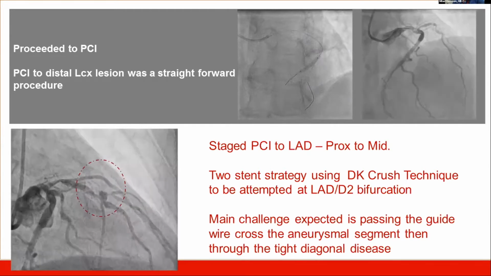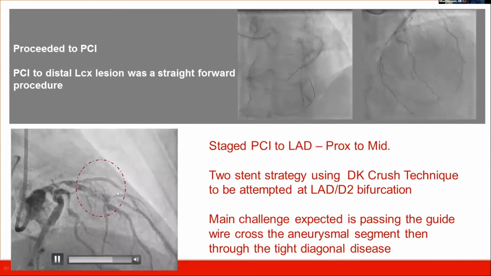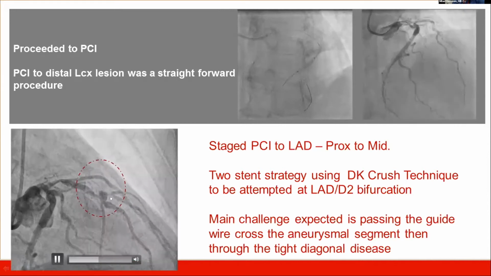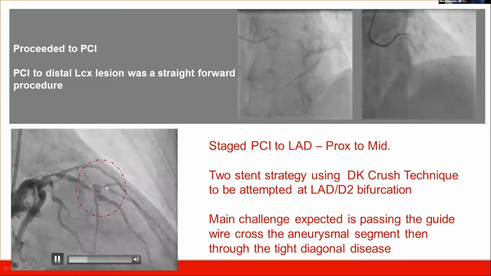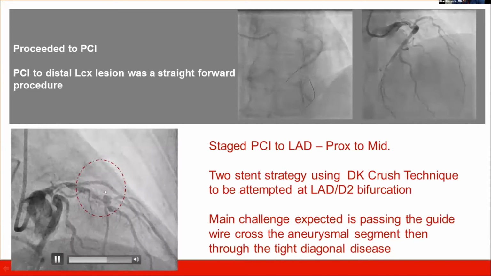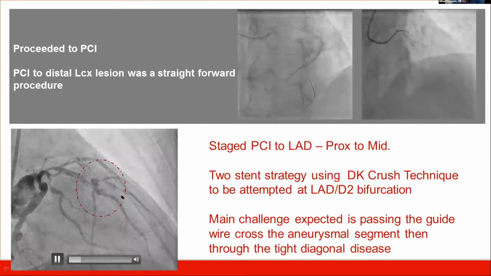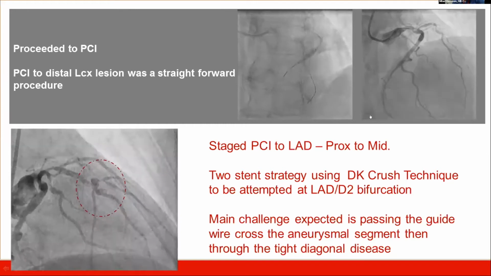The thing that I would like to highlight about the lesion of interest for this presentation is that this is a Medina 111, obviously, with a bifurcational aneurysmal lesion affecting a side branch, which we think is large enough to warrant a two-stent strategy.